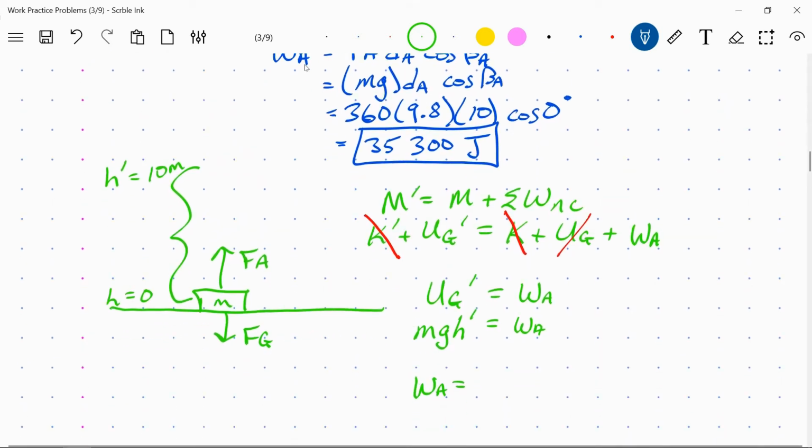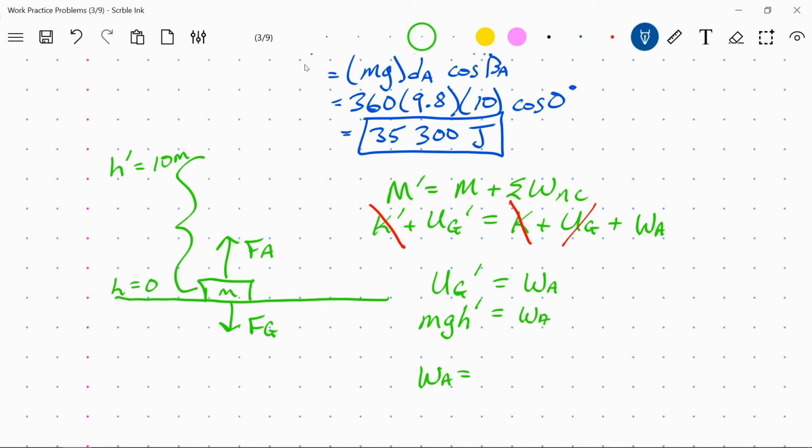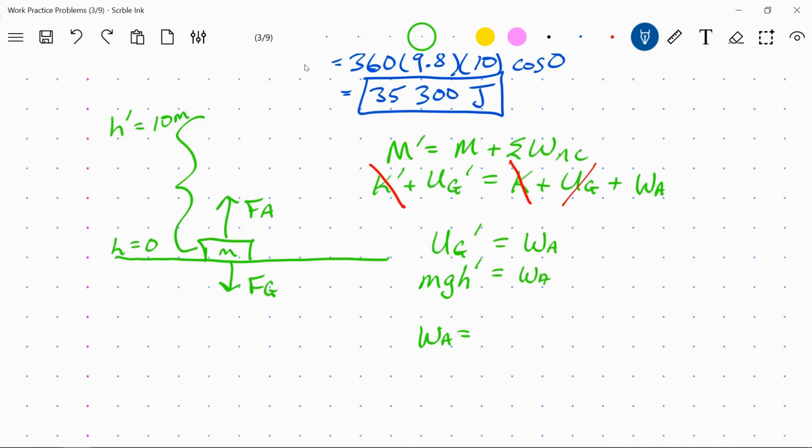The m was 360, well actually just check this out. mg h. Even though before I wrote it in a very different way, hopefully you can see that that 360 is the m, the 9.8 is the g, and that 10 meters can be interpreted as the height prime. So that's going to come right back to the same numeric value.